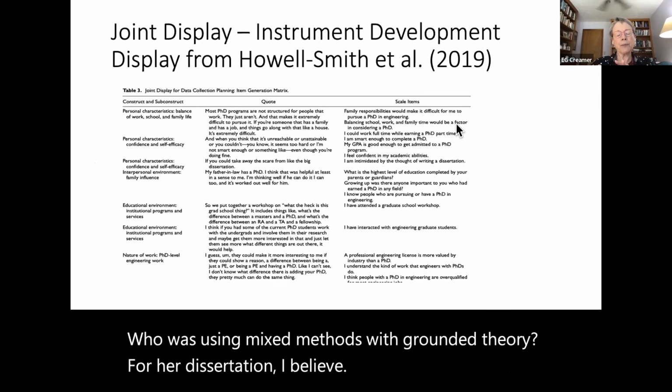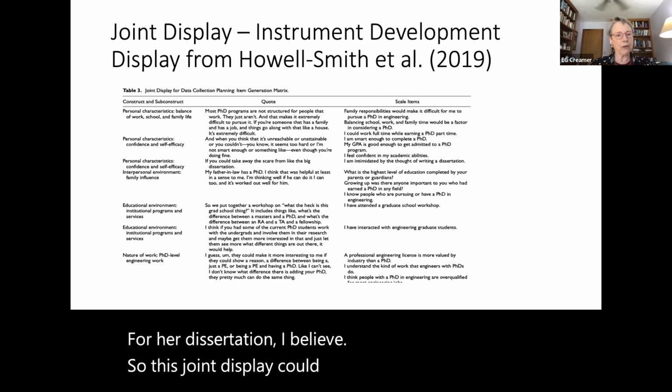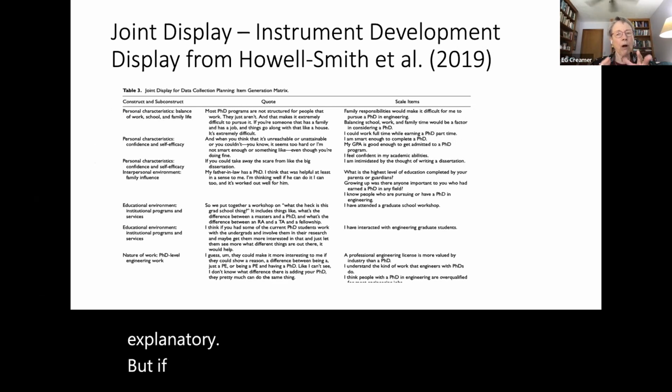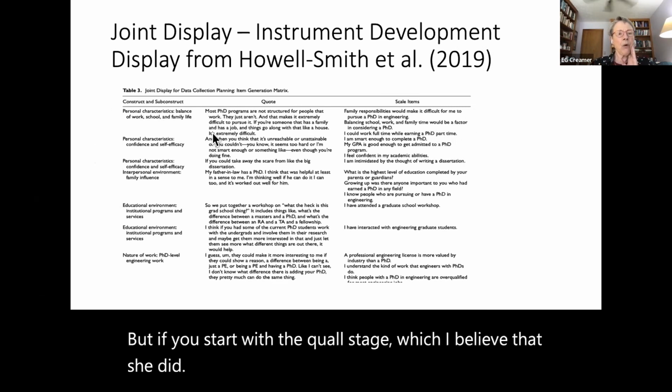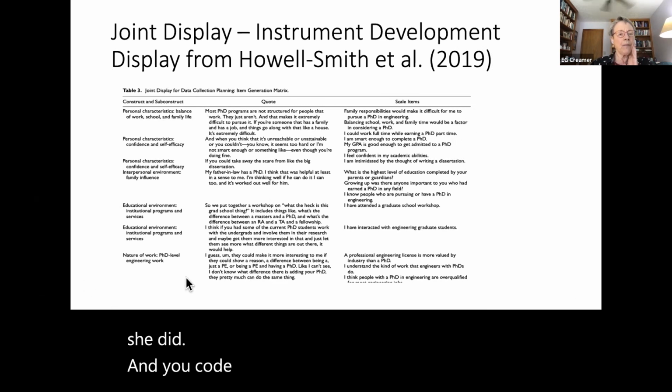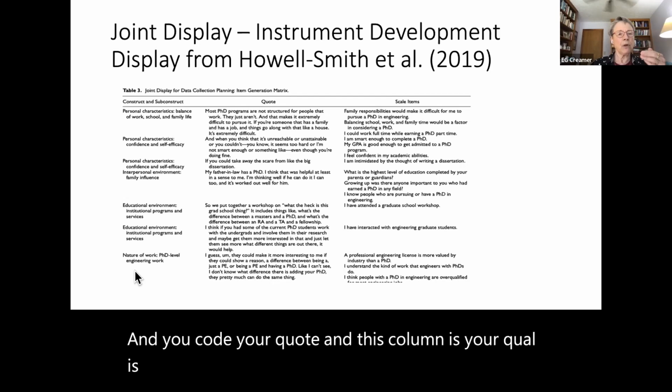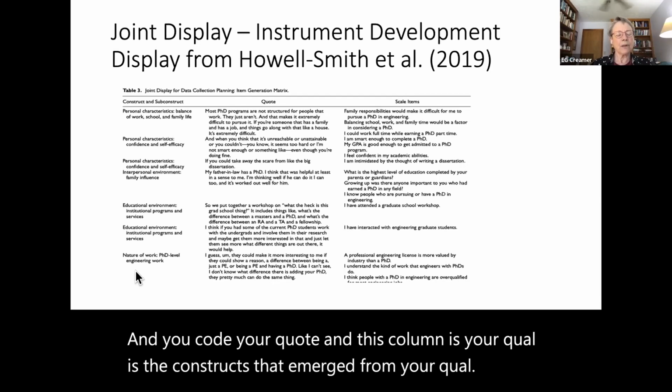So this joint display could be exploratory, it could be explanatory. But if you start with the qual stage, which I believe that she did, and you code your qual, this column is your qual, the constructs that emerged from your qual analysis.